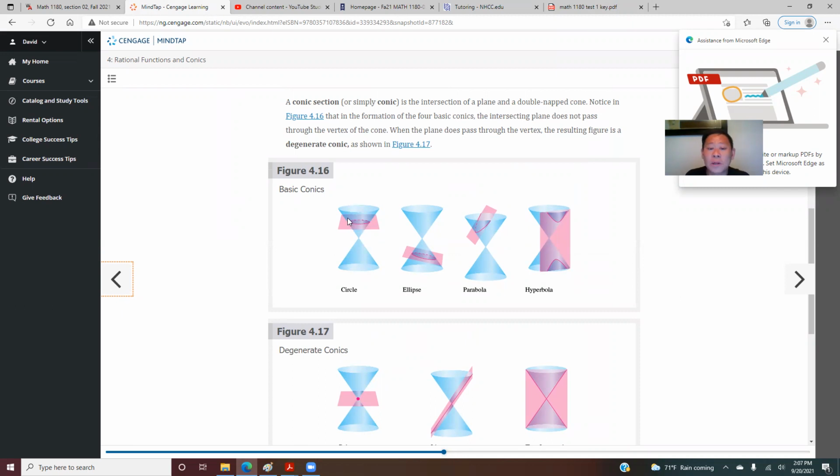When you take a piece of paper and begin to cut through it, you get the four basic conic sections. If your paper cuts exactly straight across, you get a circle. But if your paper is at a slightly tilted angle, then you don't get exactly a circle.